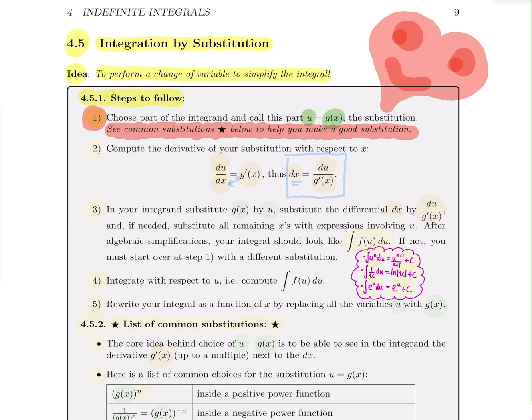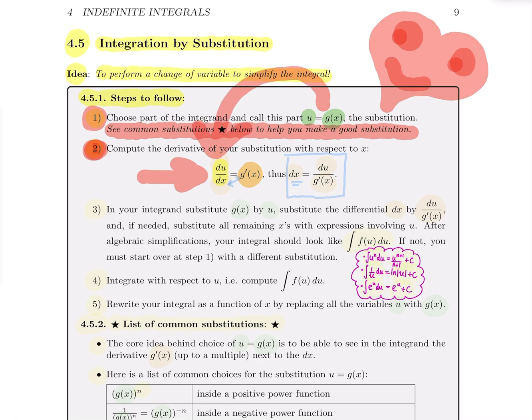So once you've made your call, once you know, okay, I think this is the right part of the formula and this is u, the second step is purely computational. You don't look at your integral anymore. You just look at your g that you freshly chose, not computed. You chose that g of x to be u, and then you just compute the derivative of that formula. So you have your little chunk, it's called g, then du dx, the derivative of u with respect to x, is going to be g prime.